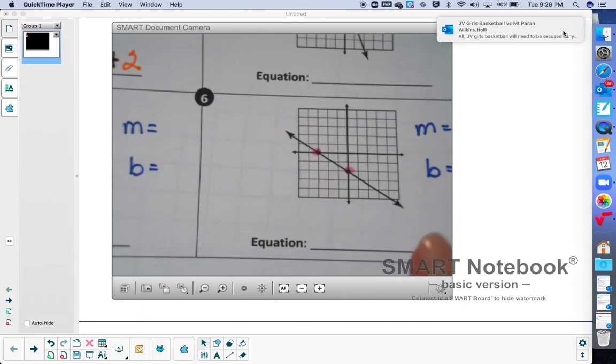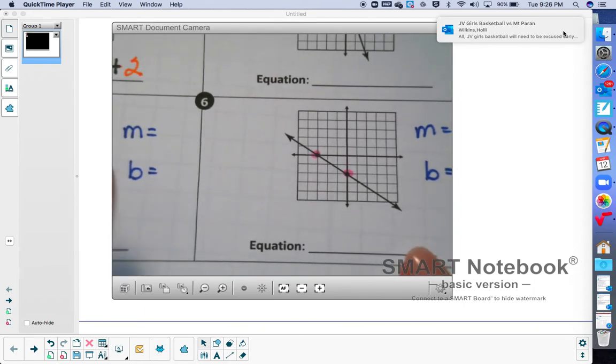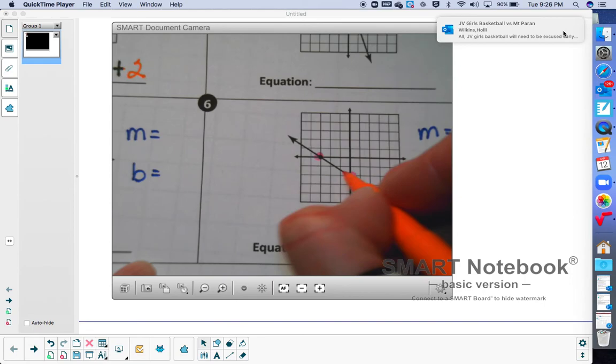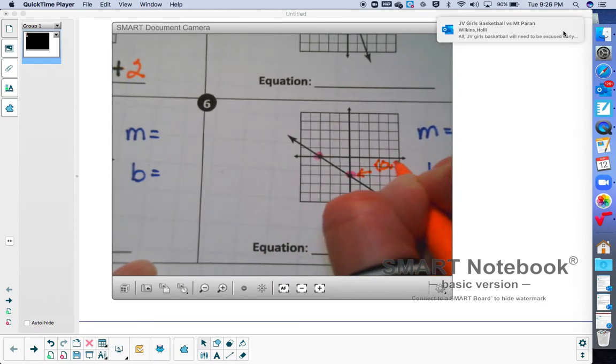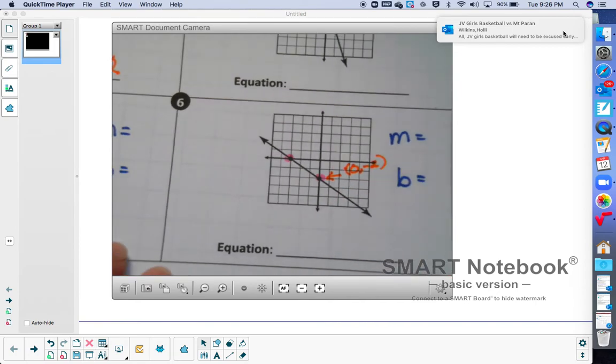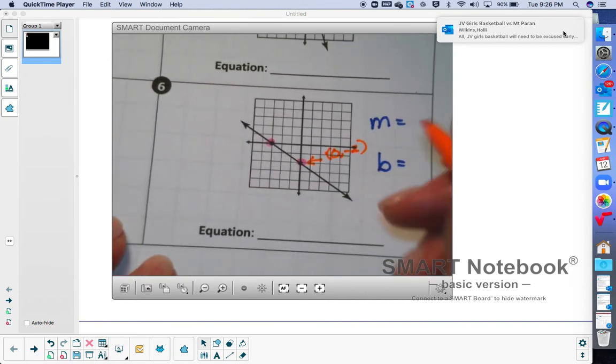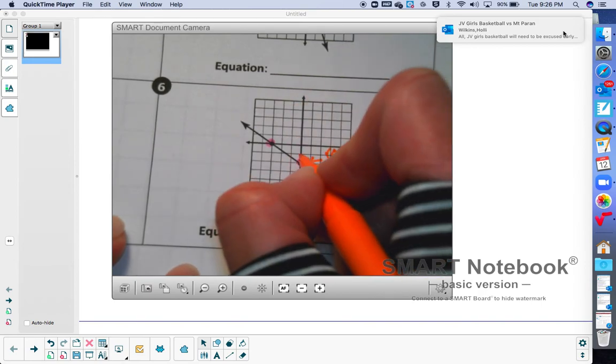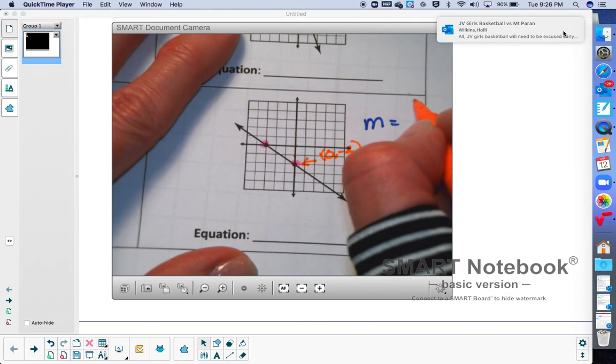Let's do number 6 on the video. Looking at number 6, this line is crossing the y-axis at the ordered pair (0, negative 2). So for the purposes of my equation, b is negative 2. And when I count out my slope, I'm going to move up 2, so my numerator is going to be 2.